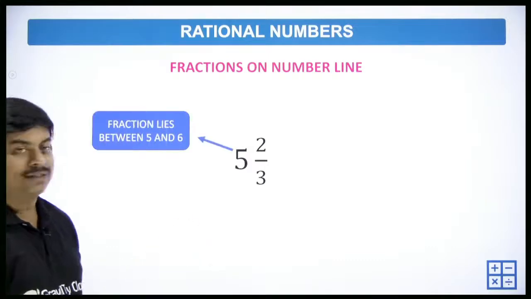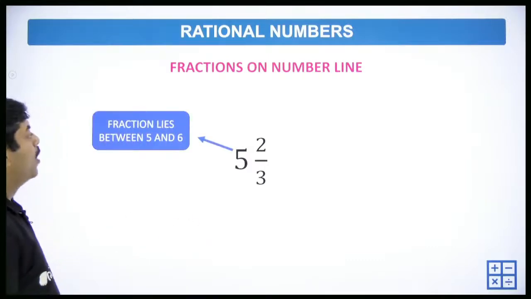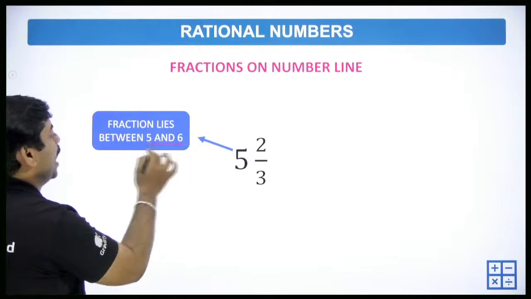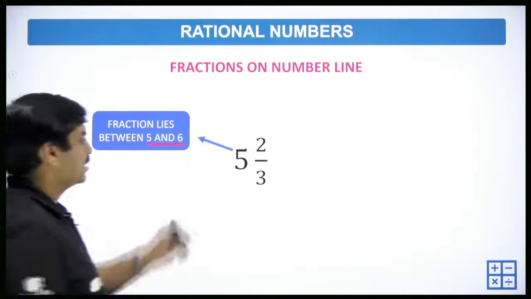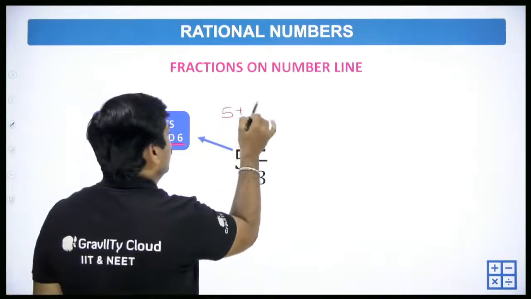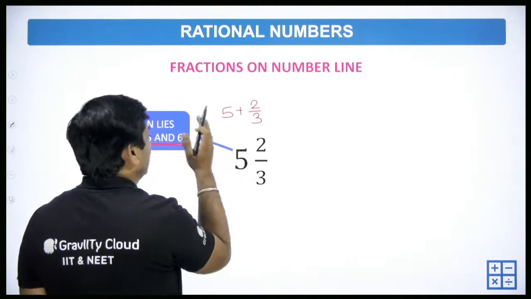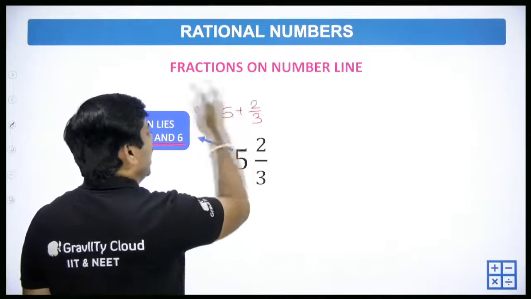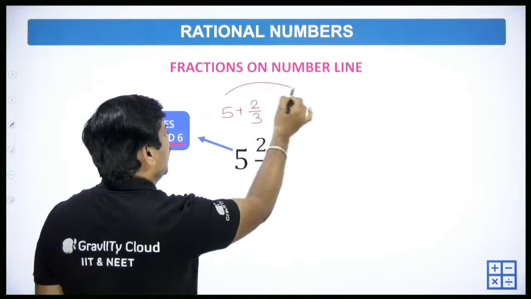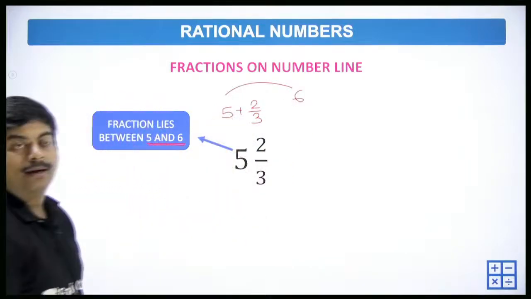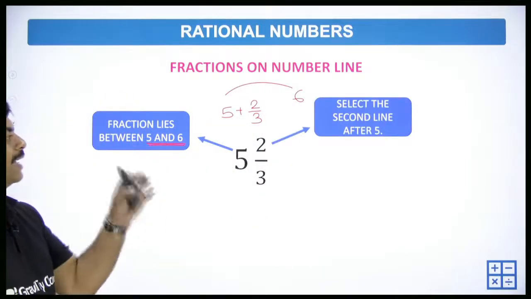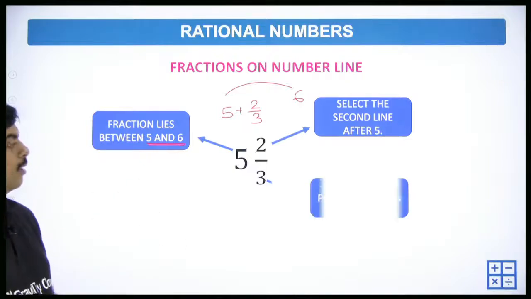5 2 by 3, just now we discussed, right? So the fraction 5 2 by 3 lies between 5 and 6. It is actually 5 plus 2 by 3, so it lies after 5 and before 6. Between 5 and 6, that number will appear. Select the second line after 5.